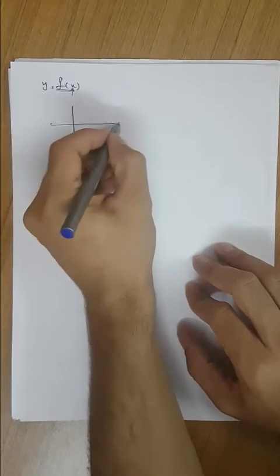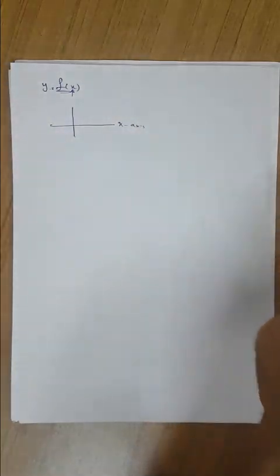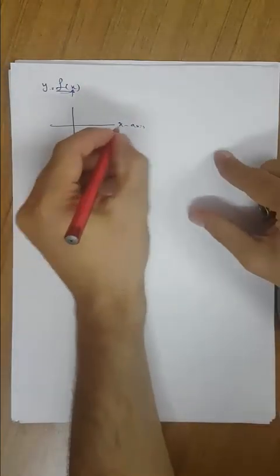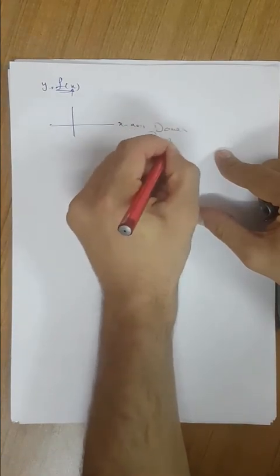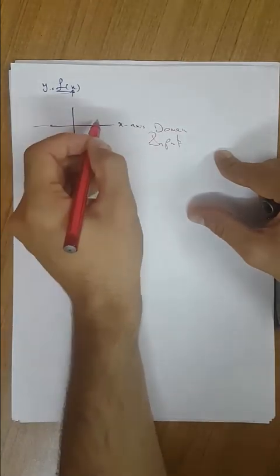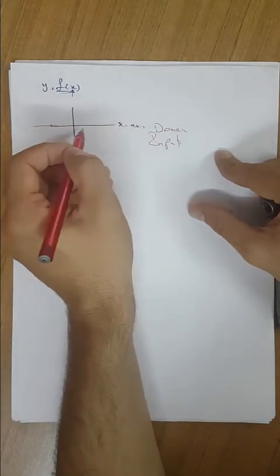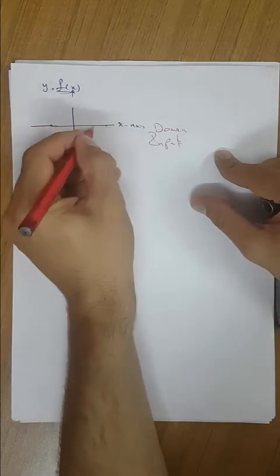And see here's the x-axis. When I say domain, or input, it means this line. It means which values we can take from here, for example 1, 2, 3, anything.